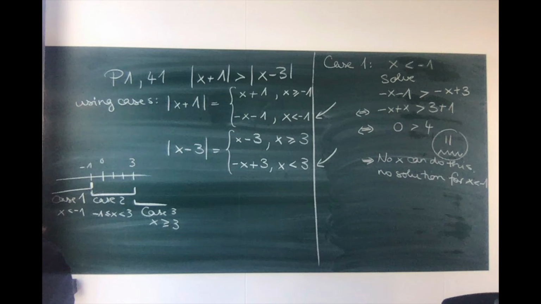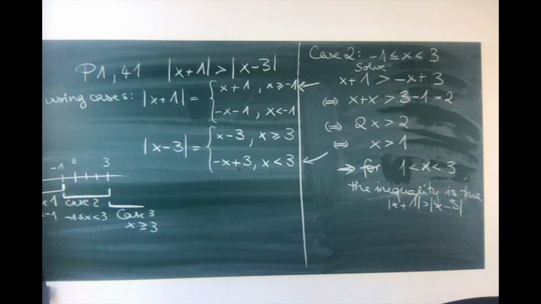So we are resolving the absolute values with the 2 equations that I pointed the arrow at. For these x, the inequality is minus x minus 1 greater than minus x plus 3. Okay, and that you can easily move around to get 0 is greater than 4, and that's never the case. So no x that is smaller than minus 1 will fulfill this inequality.